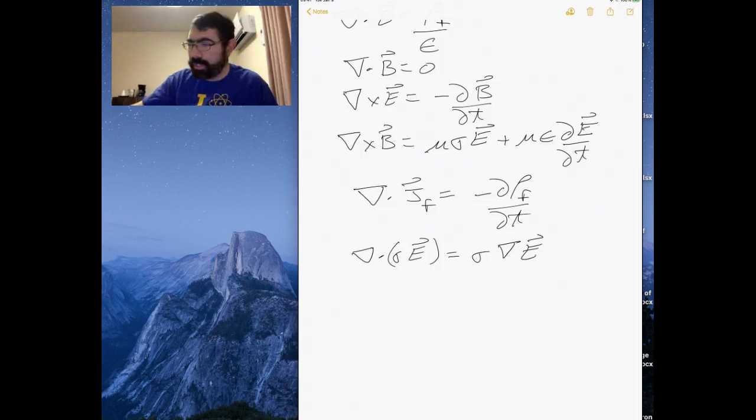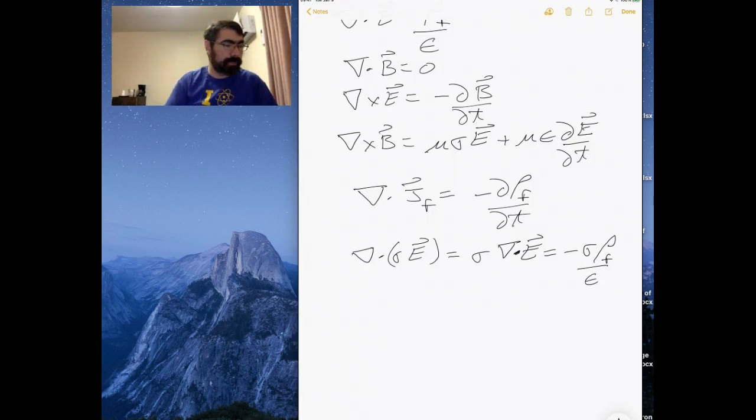So in the end, what we get is the conductivity times the divergence of the electric field, which from Gauss's law, or Maxwell's first equation, becomes minus the free charge density over epsilon.